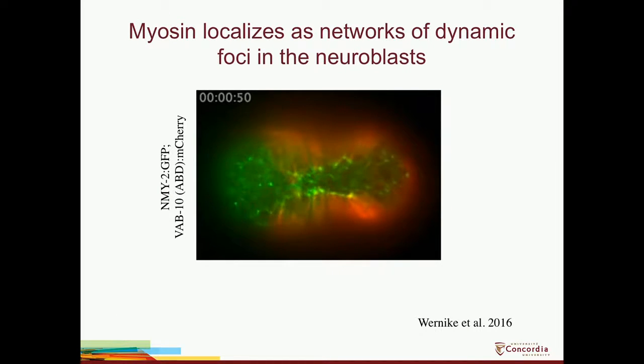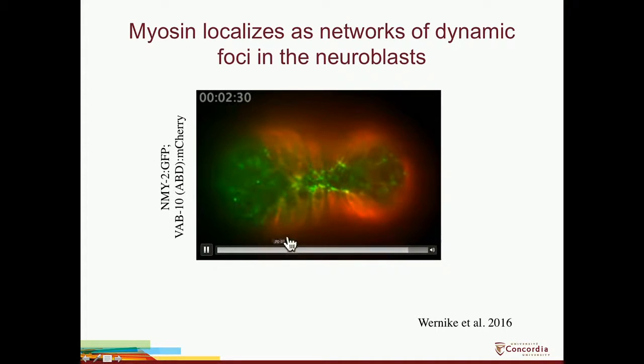So we also then wanted to look at myosin localization in the neuroblasts. And so what we did was we used a modified TIRF imaging. So we just shifted the angle of the objectives to image a little bit deeper into the embryo. And this allowed us to obtain a lot of information in a very fast, dynamic manner. So you can see these networks of myosin are highly dynamic within that pocket.